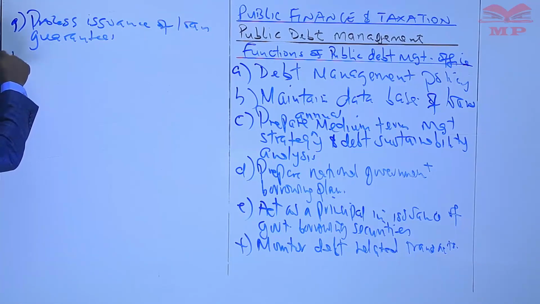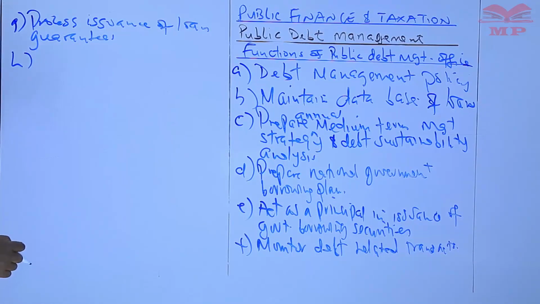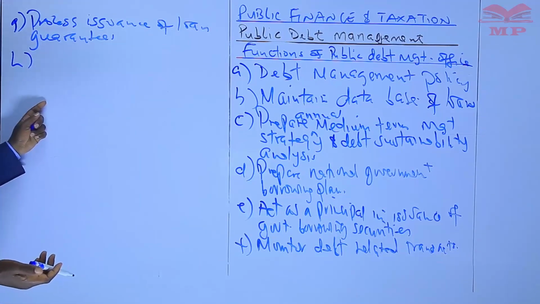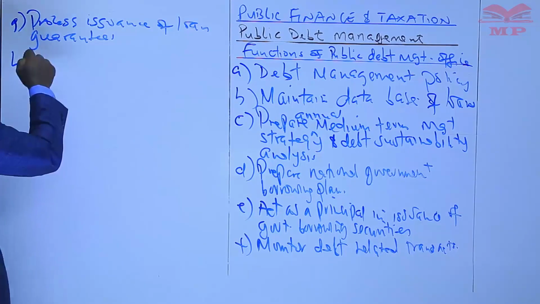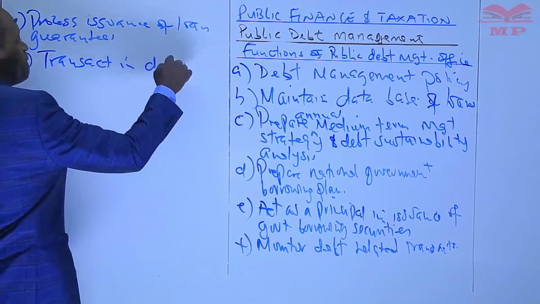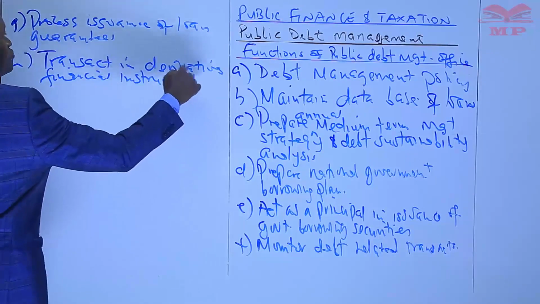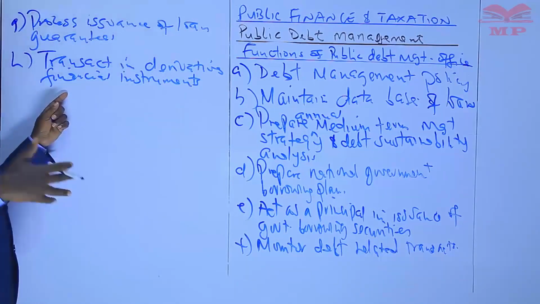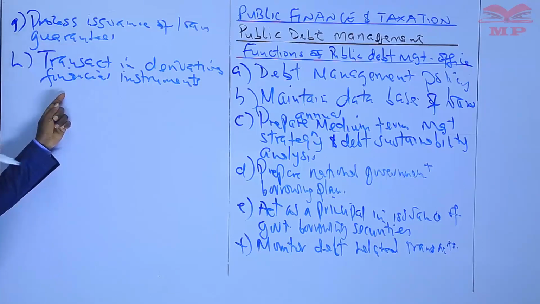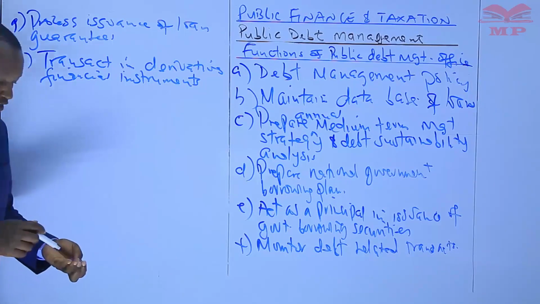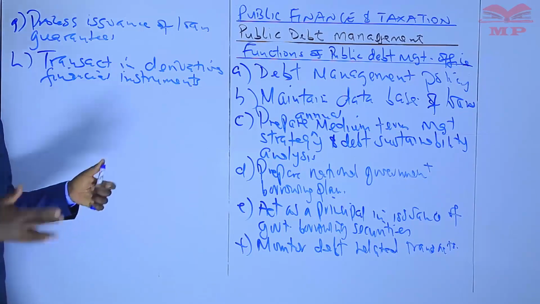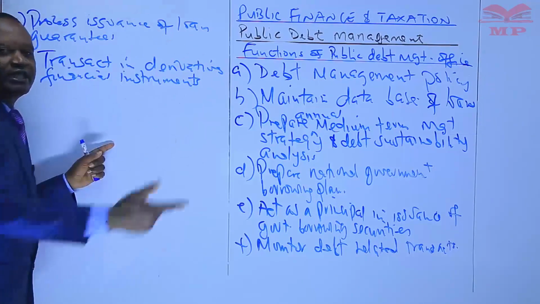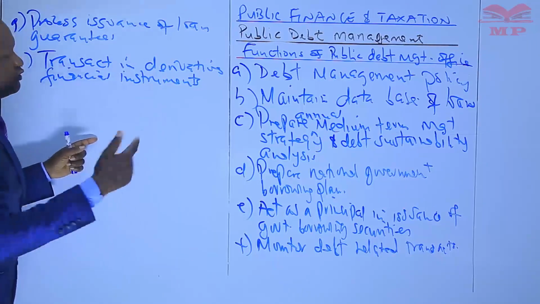Then lastly, the last function of the Public Debt Management Office is to transact in derivative financial instruments in accordance with best international practices, benchmarked to the debt management offices of other governments that are internationally respected for their practices.